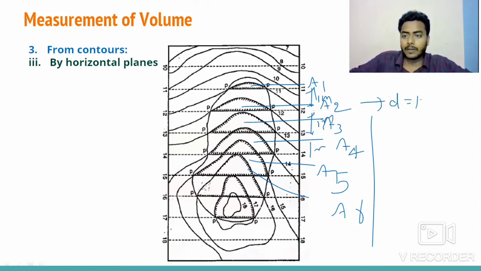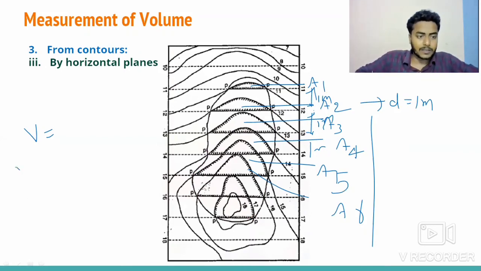So D is 1 meter, and whatever the area we get by using the planimeter, by using the trapezoidal and the pyramidal formula, we can calculate the volume. Let's write the formula once.